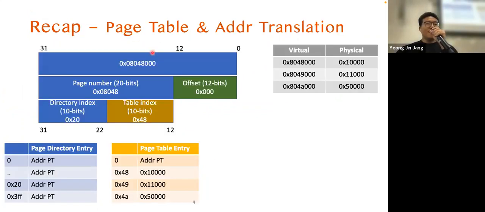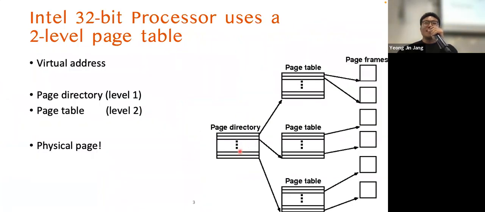And then whenever a virtual address is applied, we know the directory index and the table index. Using that, we go to the page directory first, using the top 10 bits to select one entry, and that will refer to one of the page tables. Then using the middle 10 bits to index the page table, we can get the physical address of the virtual address.